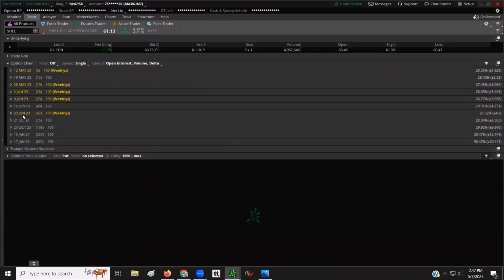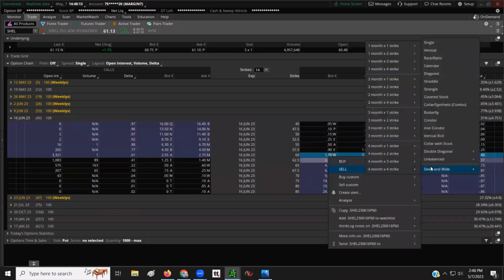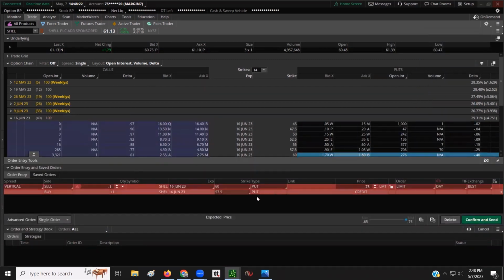Let's go further out. Let's look at this one, 16 June. And let's load up. So come Monday morning, you might consider participating in this. The stock's at 61, so let's go lower. Let's look at 60. Take it 5 strikes wide.